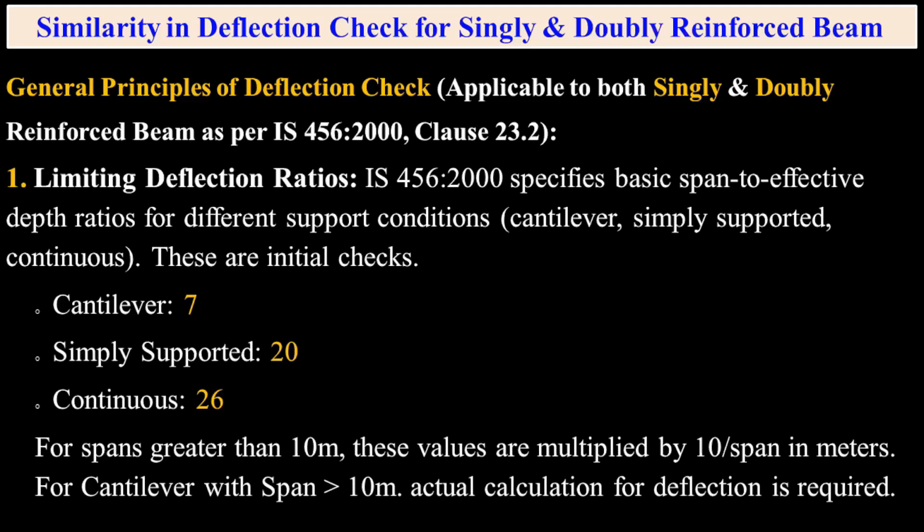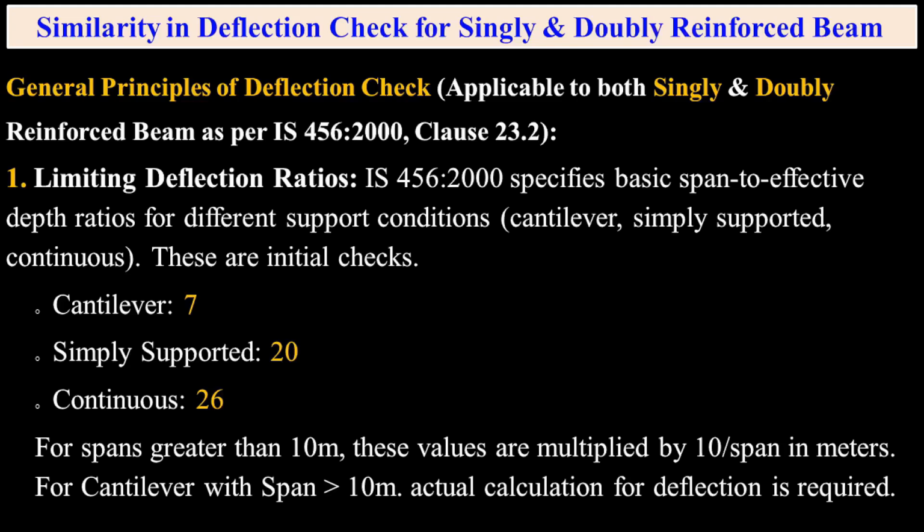Now, an important note here: for simply supported and fixed beam spans greater than 10 meters, these basic values, that is, 20 and 26, need to be multiplied by a factor of 10 divided by the actual span in meters.